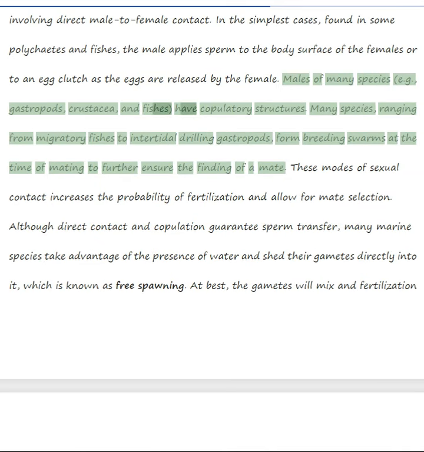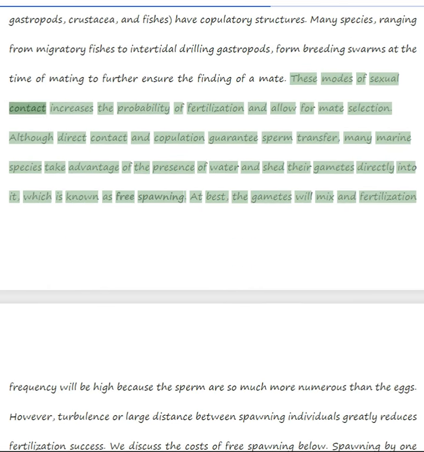Males of many species have copulatory structures. Many species, ranging from migratory fishes to intertidal drilling gastropods, form breeding swarms at the time of mating to further ensure the finding of a mate. These modes of sexual contact increase the probability of fertilization and allow for mate selection.